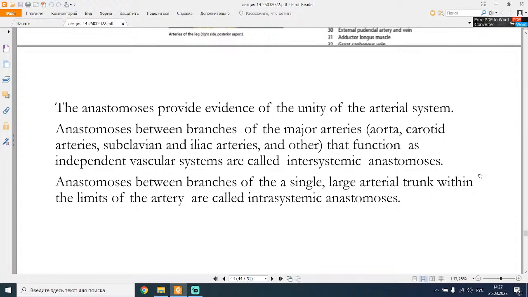Their anastomoses provide evidence of the unity of the arterial system.